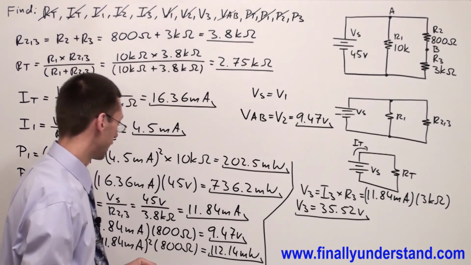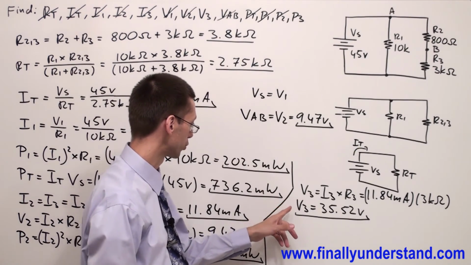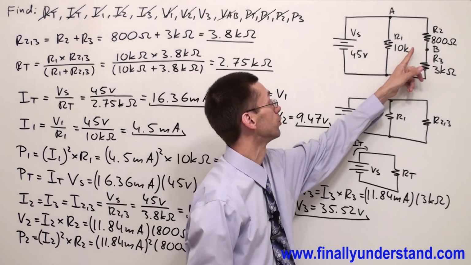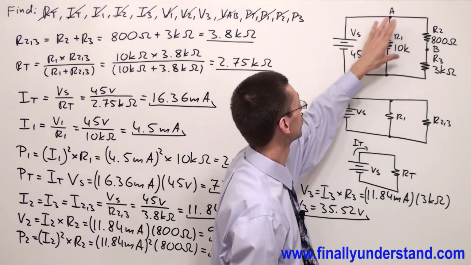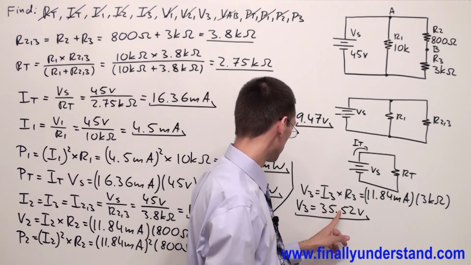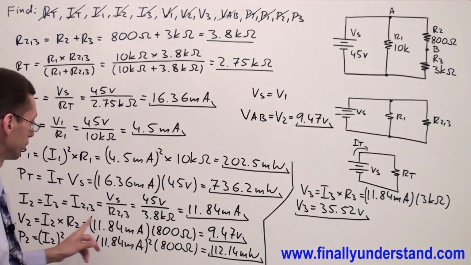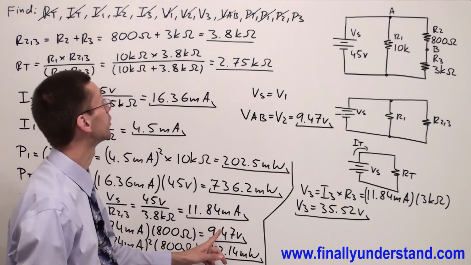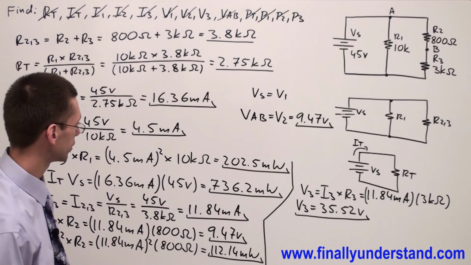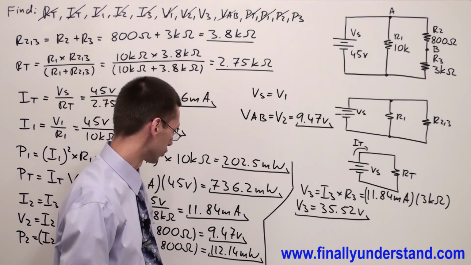If you want to verify that our answers up to this moment are okay, you're supposed to add V3 to V2. If you add these two voltages, you're supposed to end up with 45 volts. So 35.52 volts plus V2, 9.47 volts, is equal to 44.99 volts.